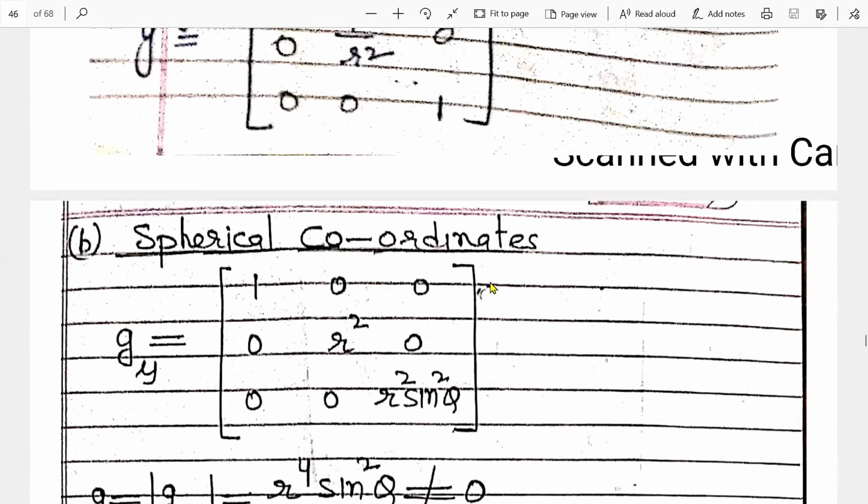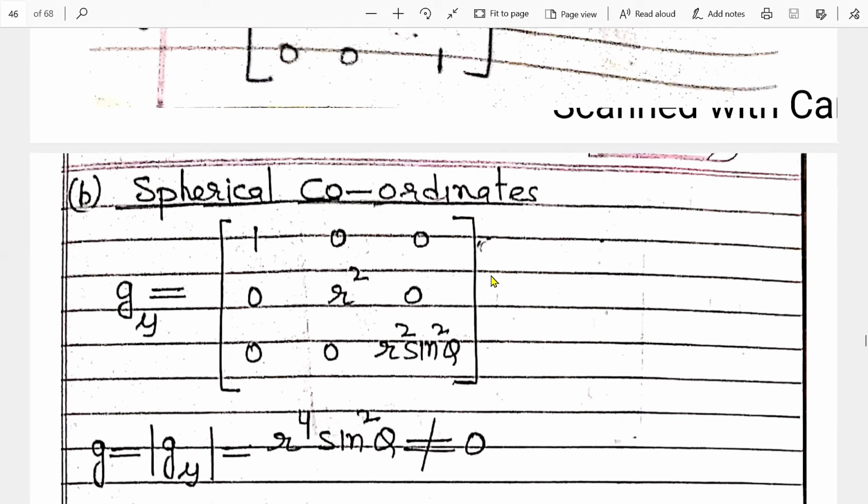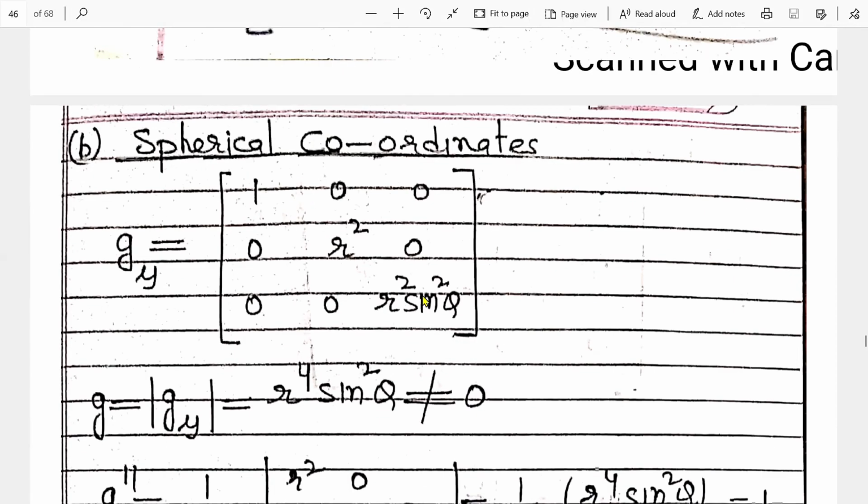Now in case of spherical coordinates, again it is a diagonal matrix. So Gij, the value of Gij, is equal to this. The determinant of this Gij, which is G, is equal to the product of the diagonal entries, r raised to power 4 sine square theta, that is non-zero.